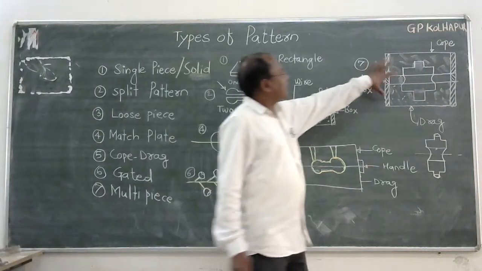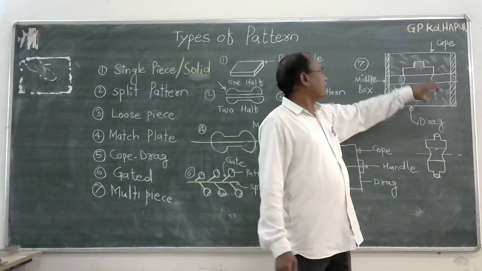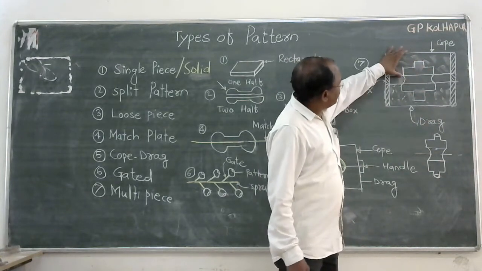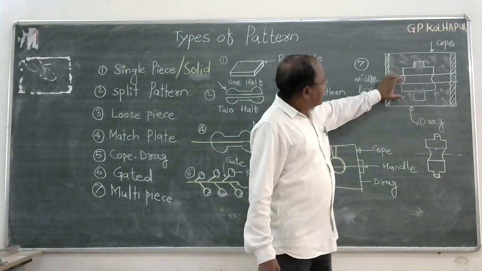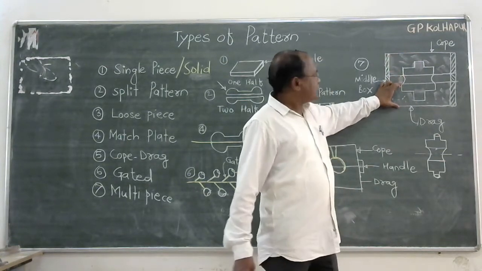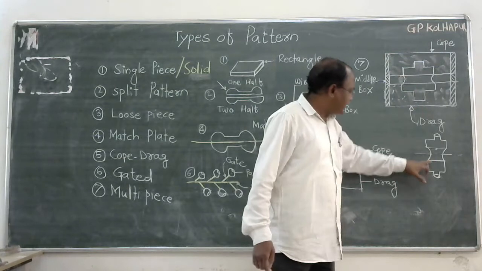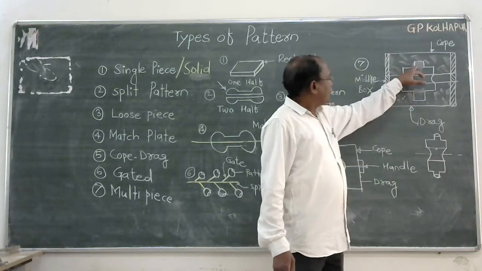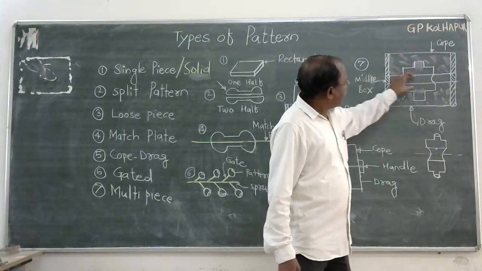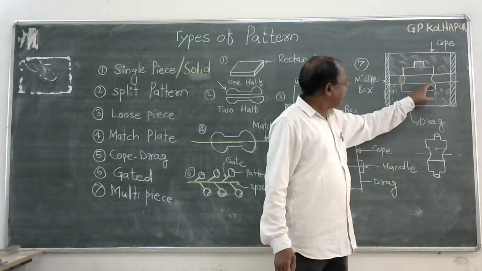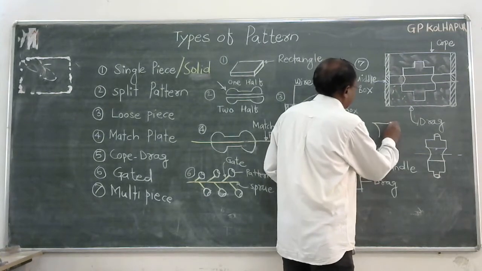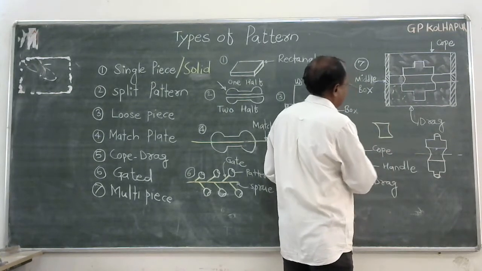If I look at this diagram, multi-piece pattern means more than 2 patterns. Here one pattern is in the cope box, another pattern is in the drag box, this portion is in the drag, the upper portion is in the cope, and in the middle box there is another such pattern.